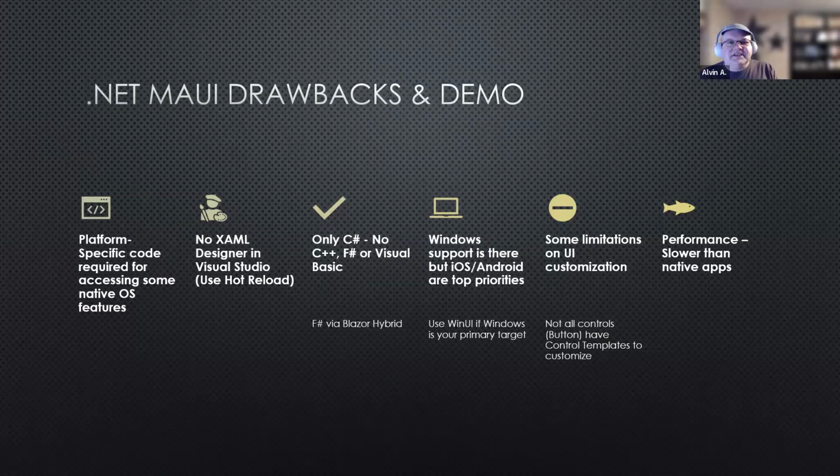You have to code all the XAML by hand and use the XAML Hot Reload to see it while you're debugging, maybe make some tweaks while you're debugging. Right now, MAUI is C# only. There's no VB, F# or C++. You can kind of work around that with Blazor Hybrid. If you're an F# developer, you can build your Blazor Hybrid code with F# inside of MAUI.